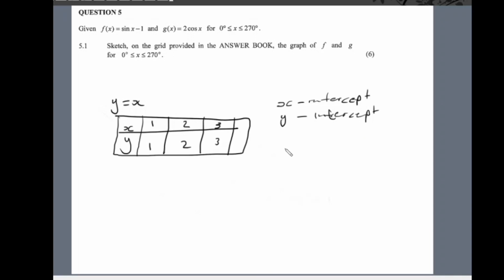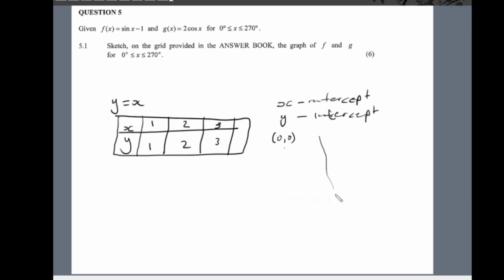You know when y is 0, x is also 0, right? Therefore you will have x-intercept 0 0, right? And then also y-intercept, you let x be 0, and then from this function, you'll see that y is also 0, right?